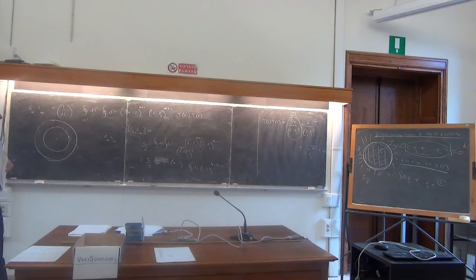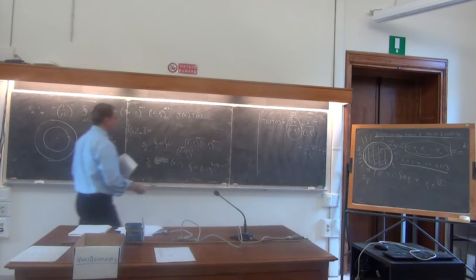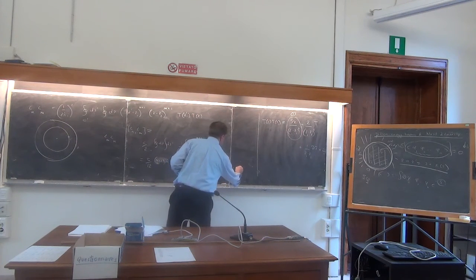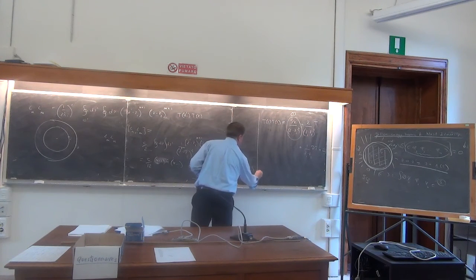But this last integral vanishes unless n plus m is equal to 0, because the only term which is a residue is a simple pole. So this becomes c over 12 n squared minus 1 delta n plus m.